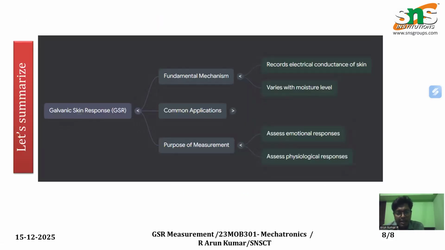To summarize this GSR system: GSR is the galvanic skin response. We know its fundamental functions, common applications, and the purpose of the measurement. The fundamental function is recording the electrical conductance of the skin, which is based on temperature and humidity, and generates data from the human body.